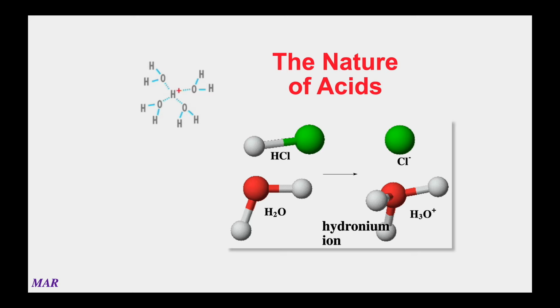Now, earlier I said how water has a slight positive and a slight negative side. And the oxygen side, this part here I'm coloring in, that's where the negative side, if you will, of water is. And it really likes the H pluses, and it makes what chemists call the hydronium ion. Now, the hydronium ion is usually by convention listed as H3O+, which is like a water molecule plus an H+, making hydronium.